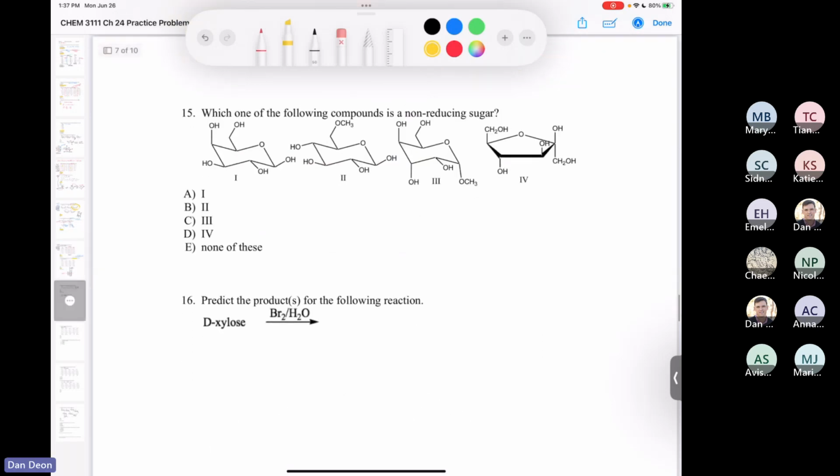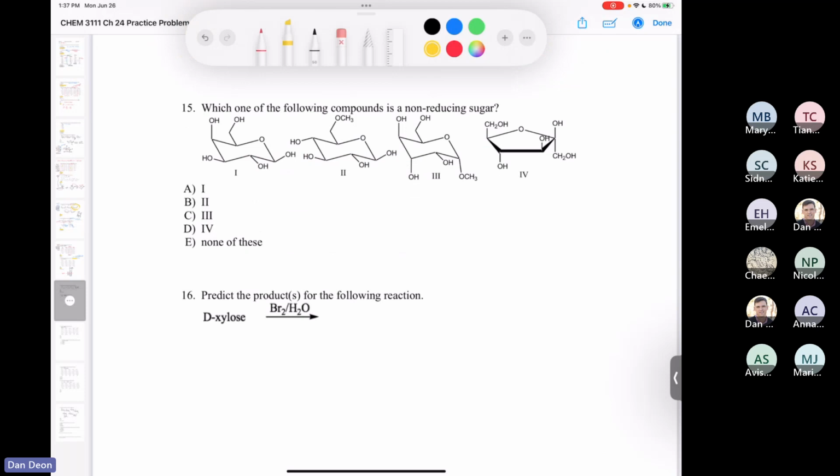All right, number 15. Which of the following compounds is a non-reducing sugar? So remember that any sugar that has a hemiacetal at the anomeric carbon is considered to be a reducing sugar. But a non-reducing sugar is going to be a glycoside.